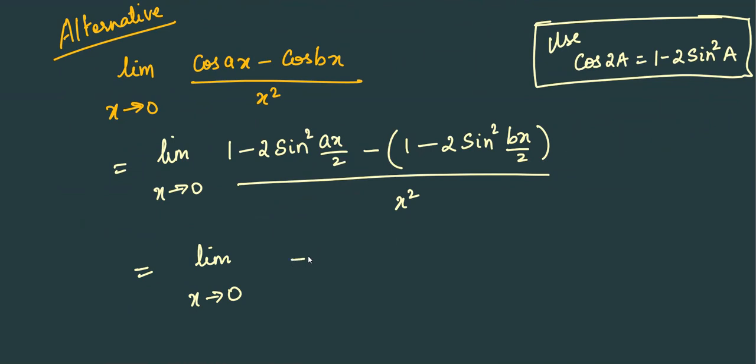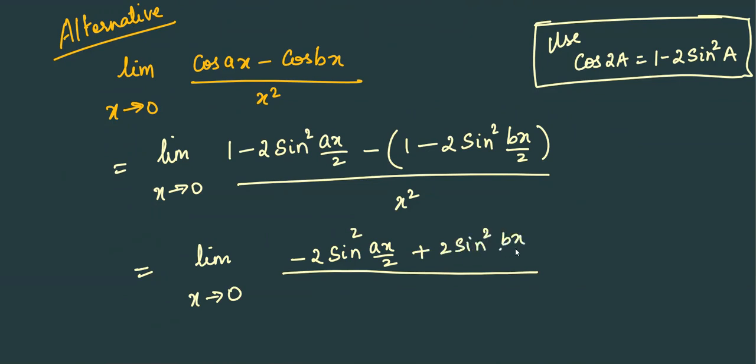Then you are left with minus 2 sine square (ax upon 2) plus 2 sine square (bx upon 2), by x square.